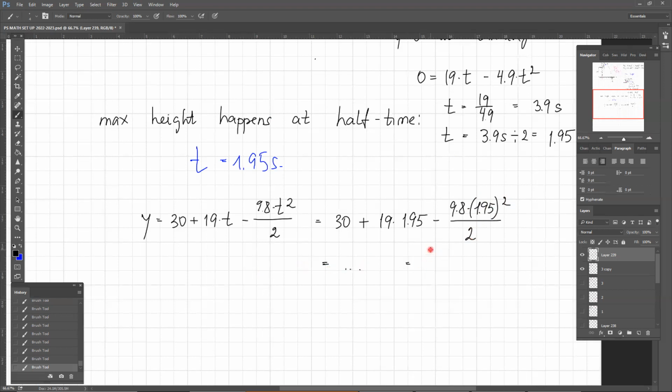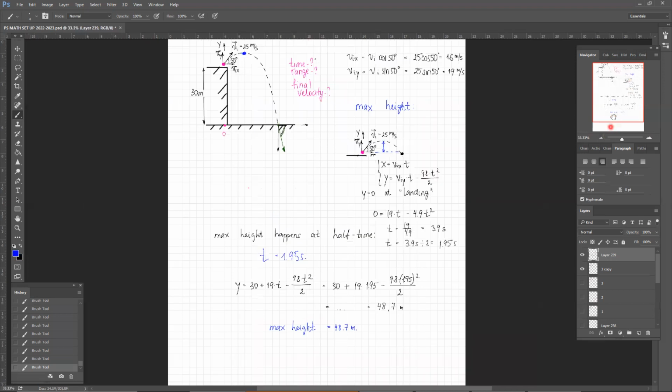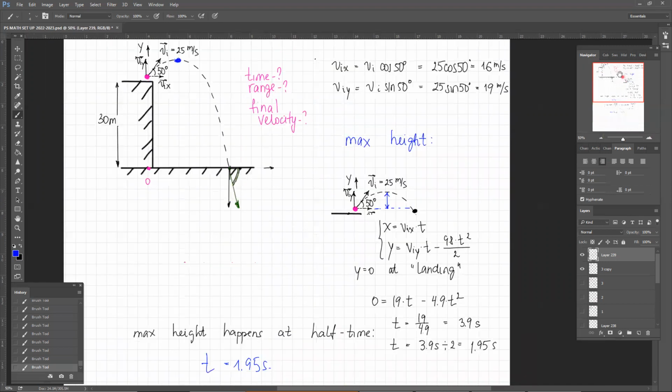And hopefully arrive to what looks like 48.7 meters. So maximum height is 48.7 meters. Now we actually have found everything that we possibly can from this question, and we consider the problem resolved.